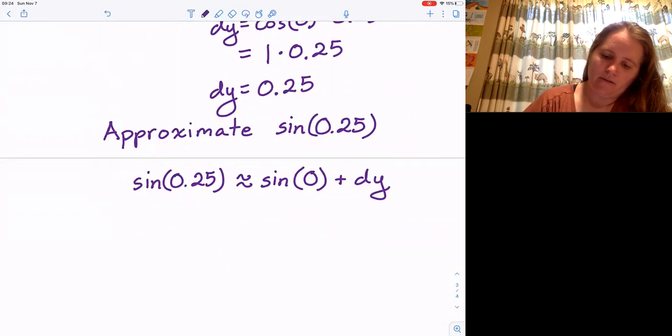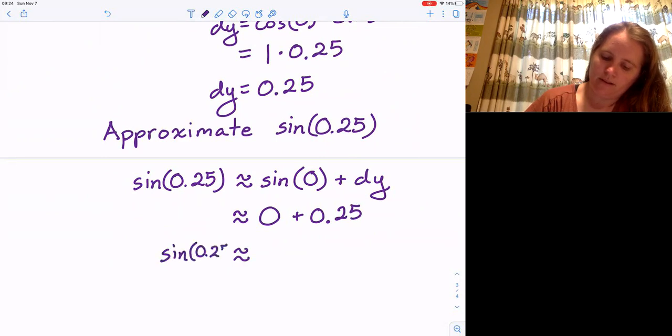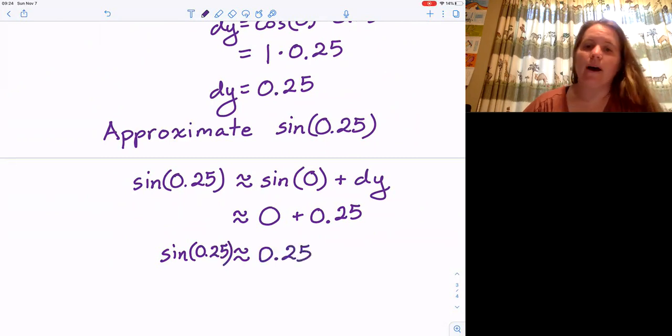And so we have sine of 0 is 0, plus dy was 0.25. And so we approximate sine of 0.25 is approximately 0.25.